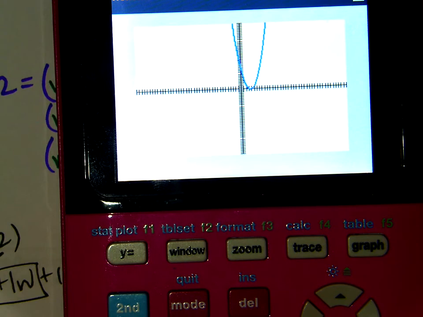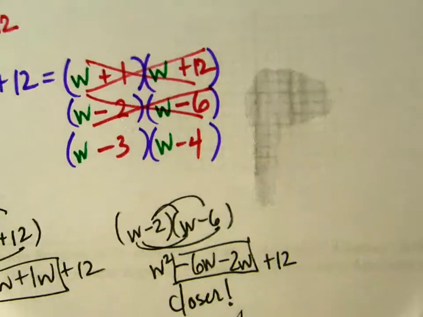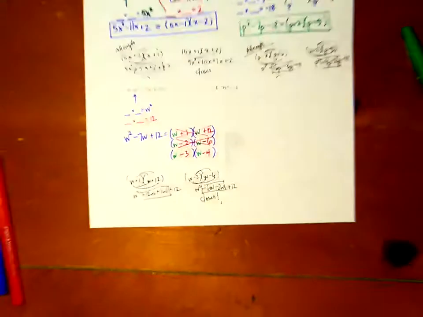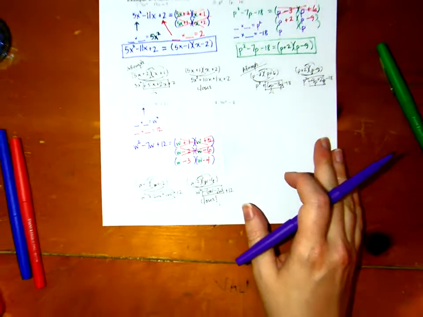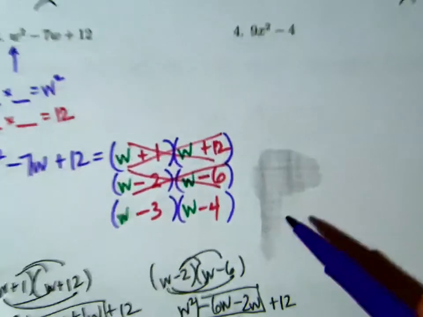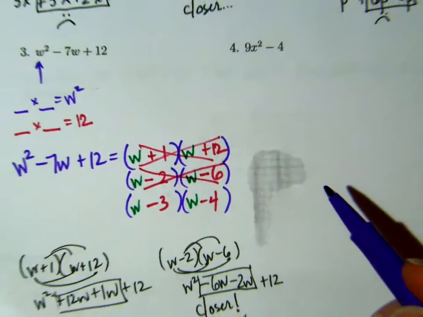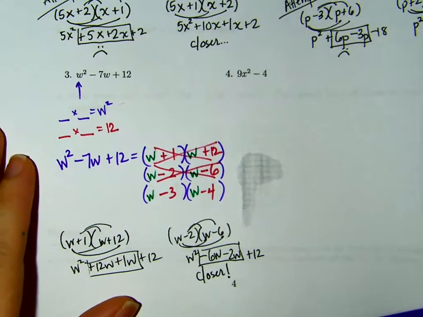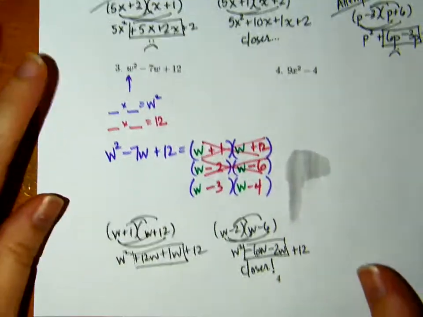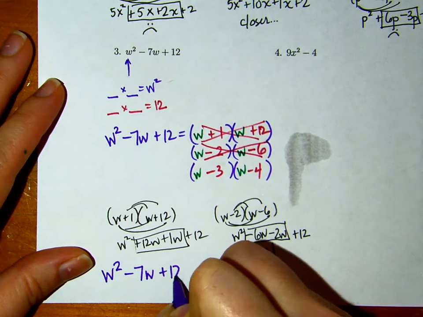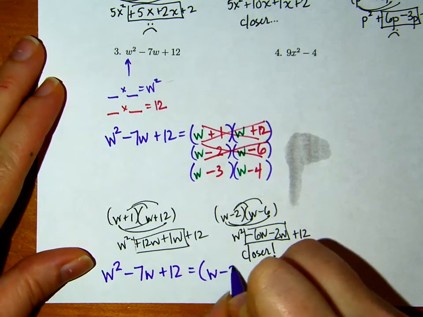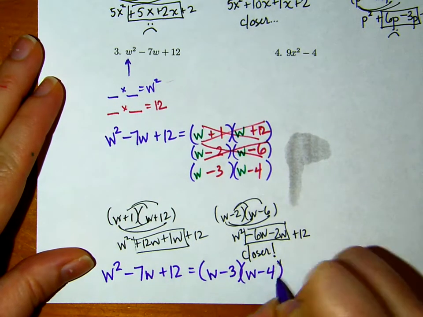So far, so good. Perfecto. Oh, man. There was some condensation from my orange juice on that. Right there. Great. Okay, so let's let that dry out. W squared minus 7W plus 12. We have factored correctly into W minus 3 by W minus 4.